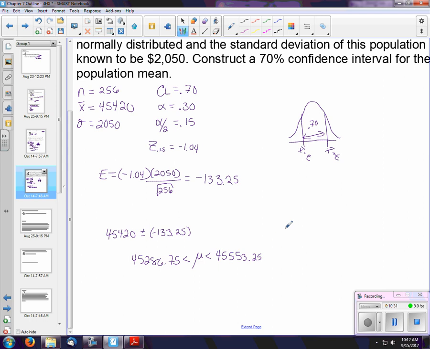So here, what can we say to conclude? We can be 70% confident that our population mean actually falls between this number and this number.